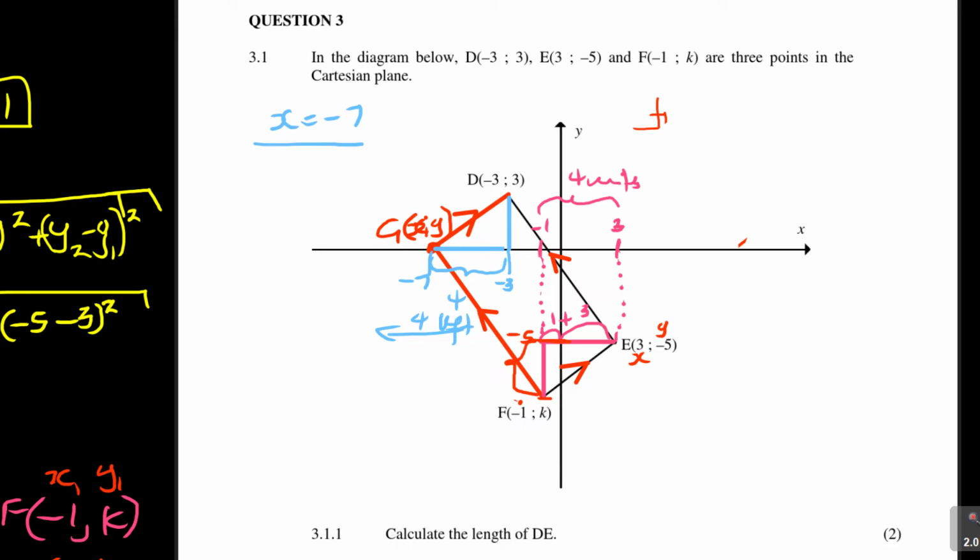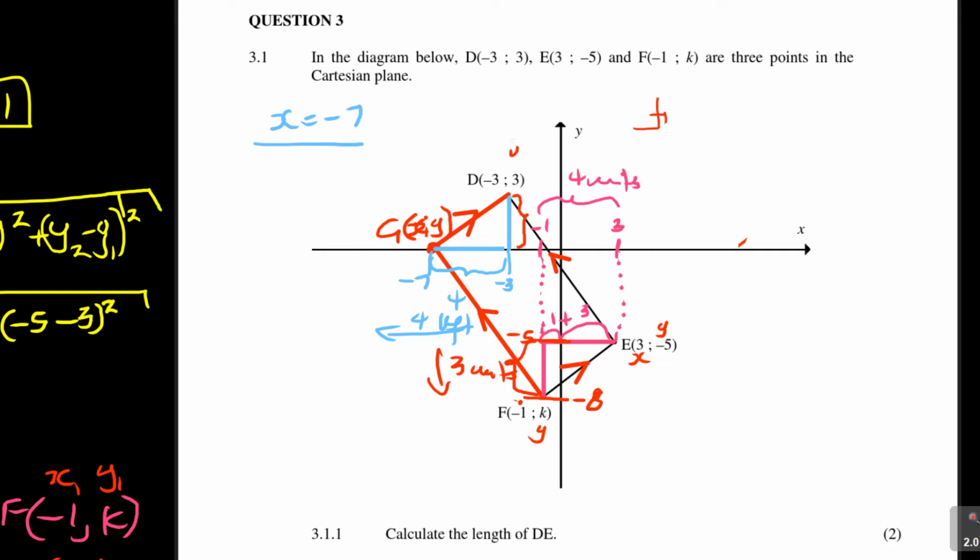What about this other point? It was k, the y value, so this point is -8. When you move from -5 to -8, you are moving 3 units downwards. The same thing that you moved here. If you move here, you have to move 3 units down.